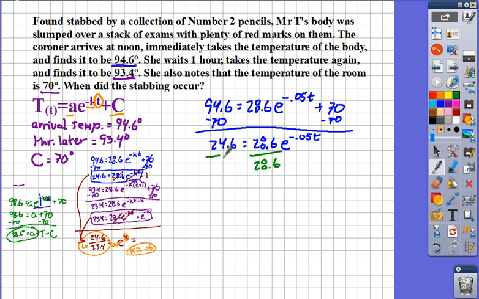Almost done here, folks. You're doing great. 28.6 to cancel that. 24.6 over 28.6 equals e to the negative 0.05 t. You know it. You know what's going on next. Natural log both sides. That cancels. So we've got this.